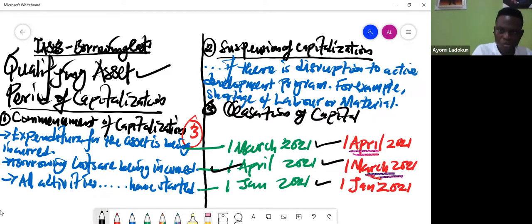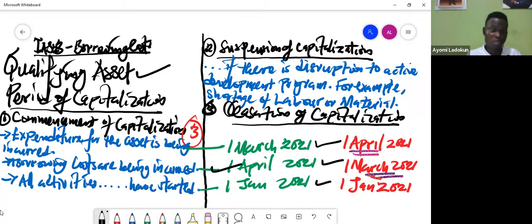Two things will happen that will make you cease. Number one, substantially, you have completed the project. Number two, the project is abandoned. You're not doing it again, you just abandon it, even though it's not completed. If you have abandoned it, then you stop capitalizing borrowing costs.